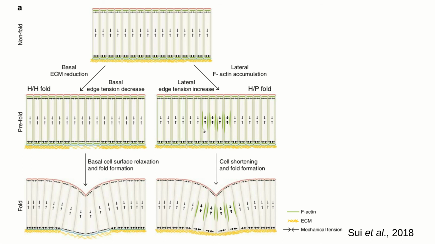In the hinge pouch fold, however, there's no degradation of the basal extracellular matrix. Instead, there's an increase in actin in the lateral parts of the cells, and then this increases tension and causes the tissue to fold.